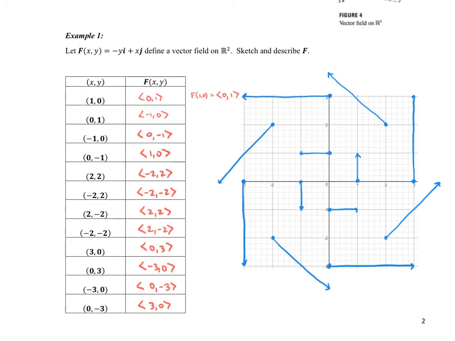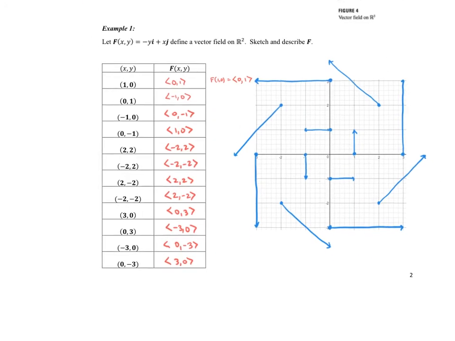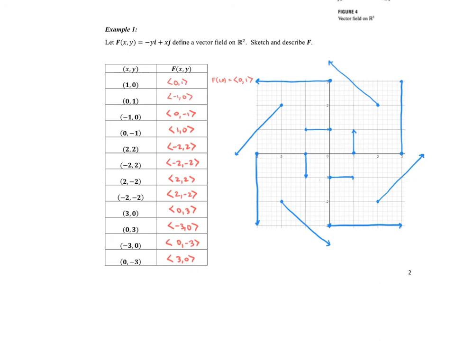We can actually do a little bit of algebra here and see that this does in fact produce this circular motion. So if we had, for instance, the position vector, let's call it g of xy, equal to just xy. In other words, we had some sort of vector that came off the origin, x units and then y units.